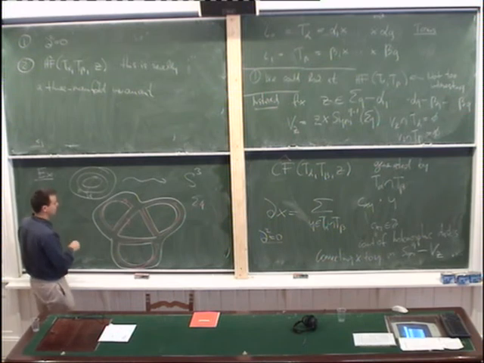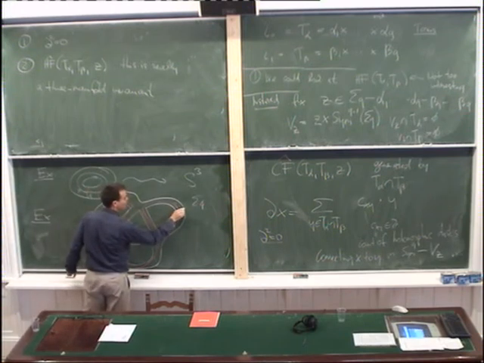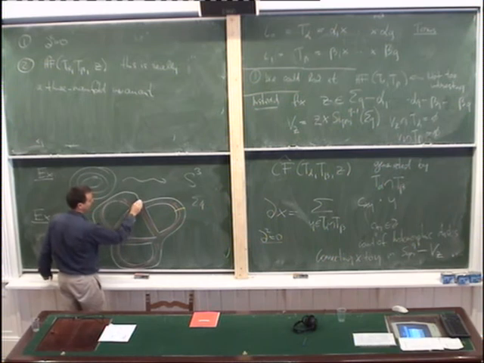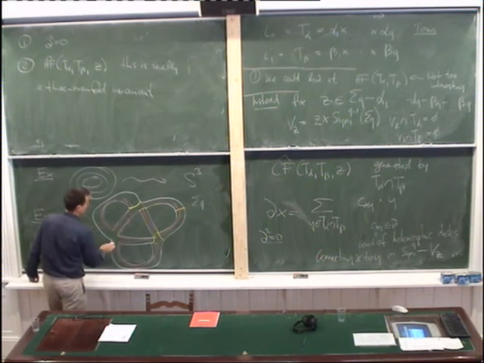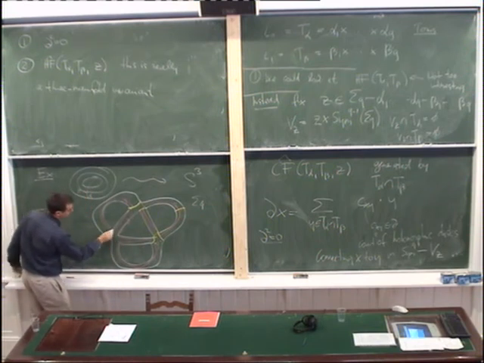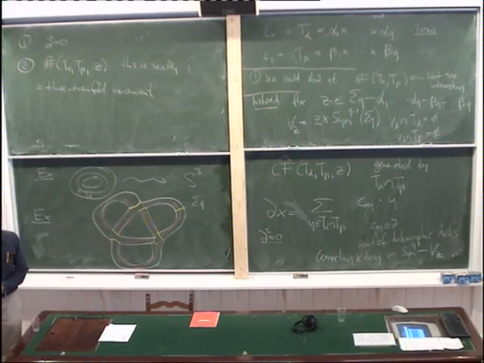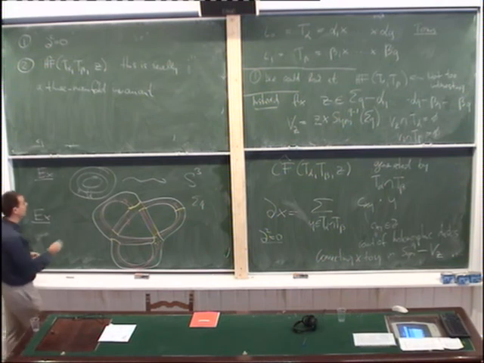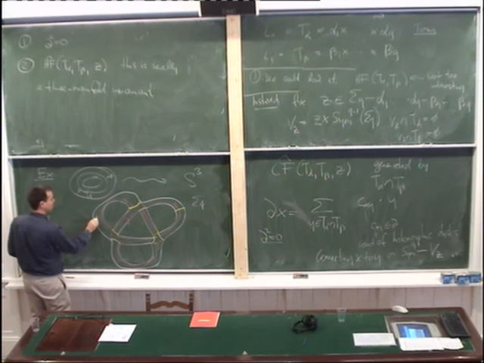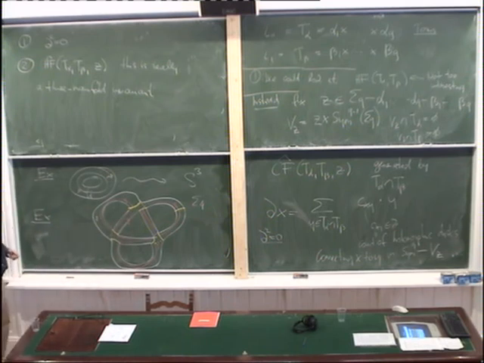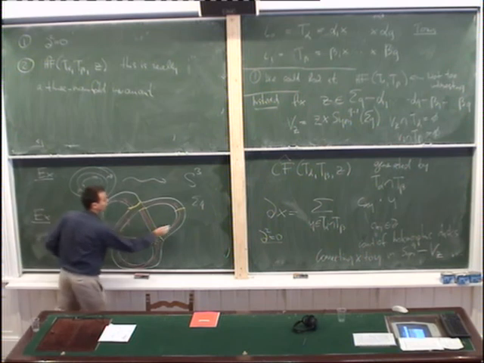And for the beta circles, I will use this one, and here I can use the base point Z, for example. So maybe let me put it here.